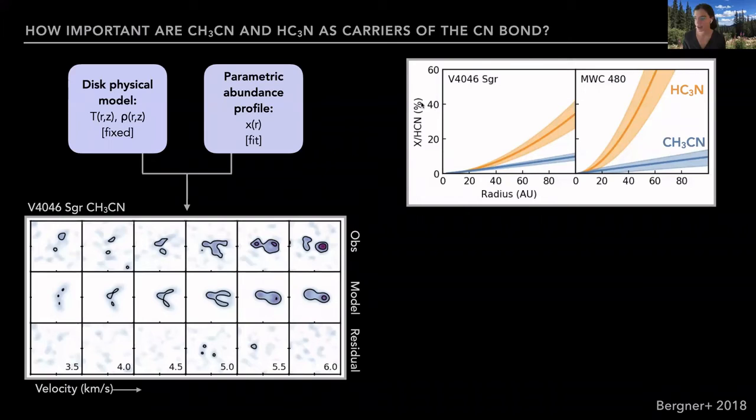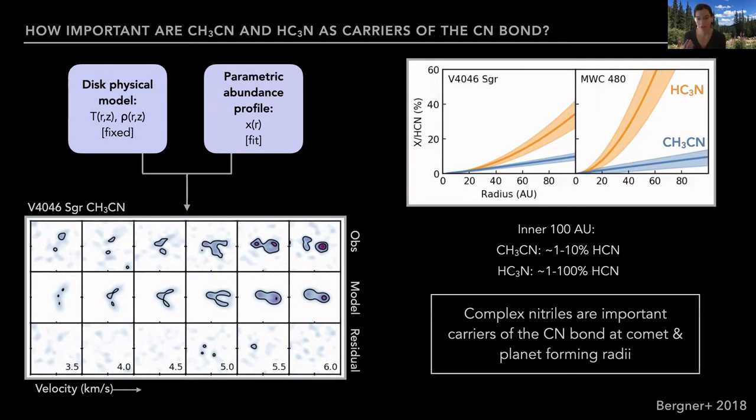This is showing the ratio of the complex nitriles relative to a simpler nitrile, HCN, as a function of radius in the disk. And what we see is that in the inner 100 AU of the disk, methyl cyanide is between about 1 and 10% with respect to HCN, and cyanoacetylene is as abundant as HCN in some parts of the disk.